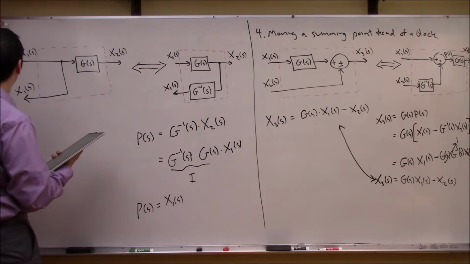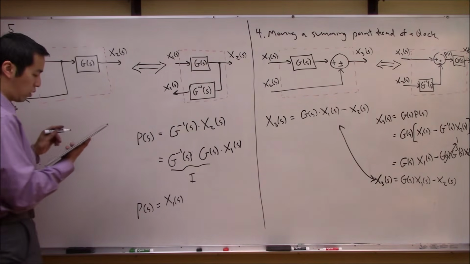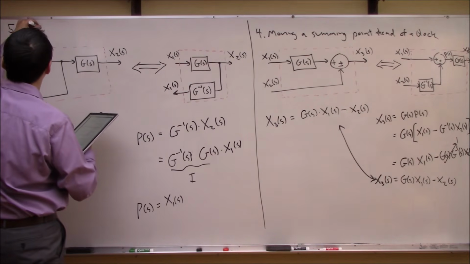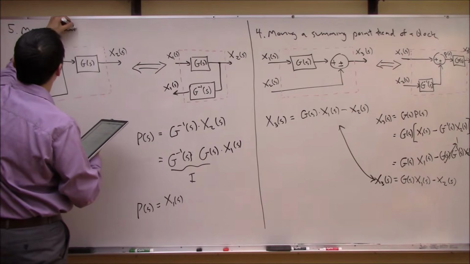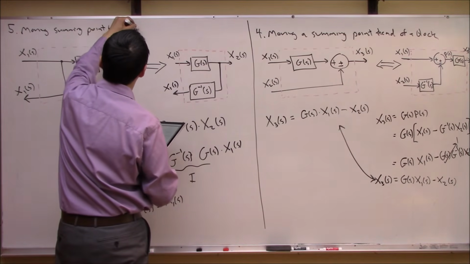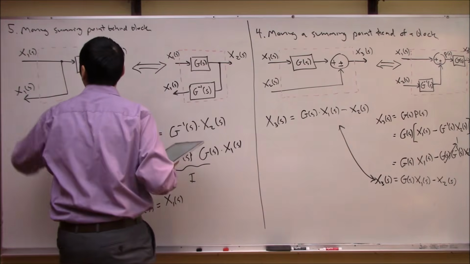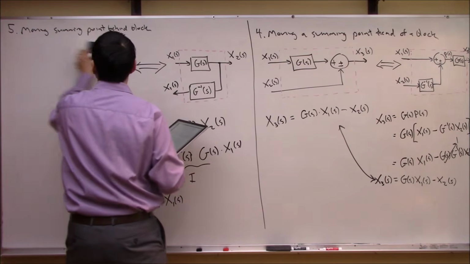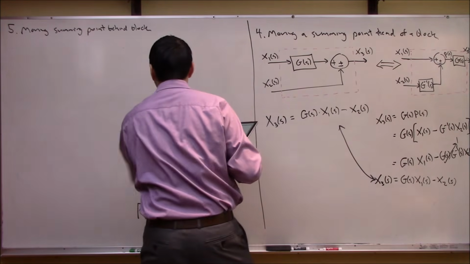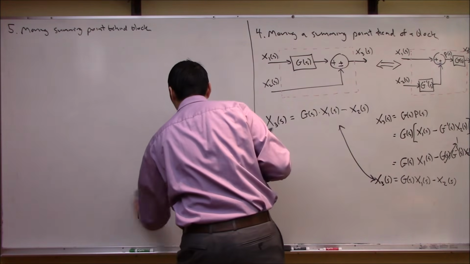Okay, let's come back to number 5 here. Number 5 was moving a summing point behind a block. So what that looks like is, let's erase our picture, erase this old diagram and start again.